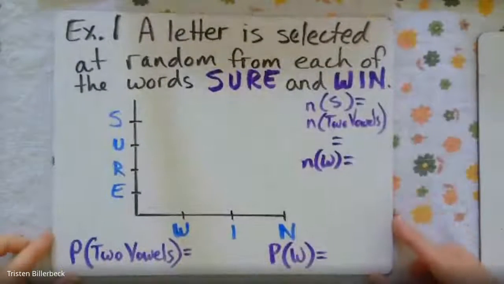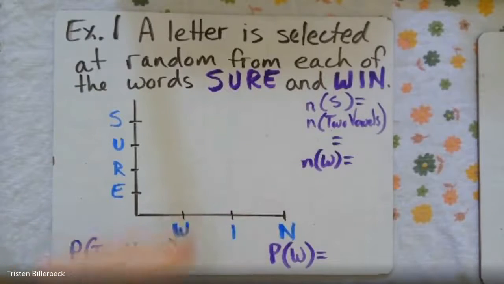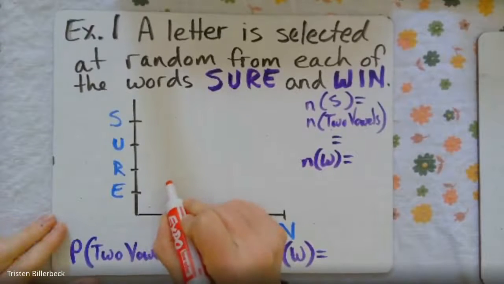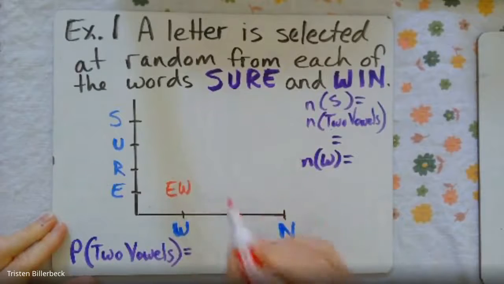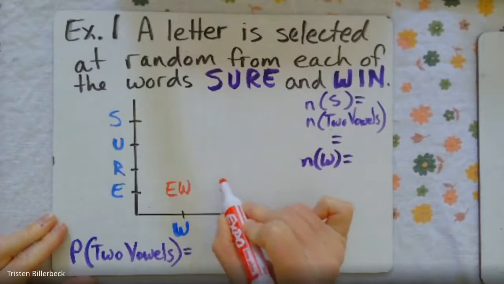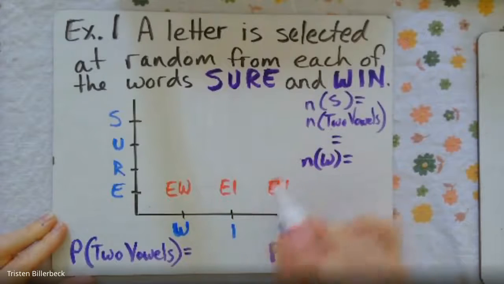So here's a rectangular grid that we can use. It looks like an XY diagram, and we can combine these similarly to coordinates, but we don't use parentheses or commas. We just write EW, and this one would be EI and EN.